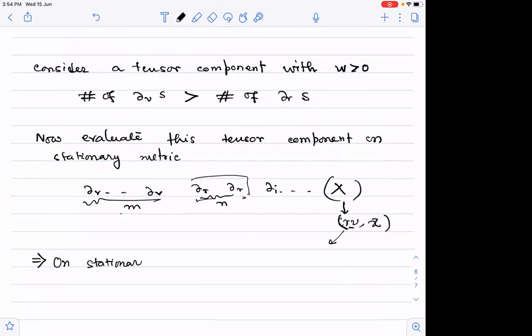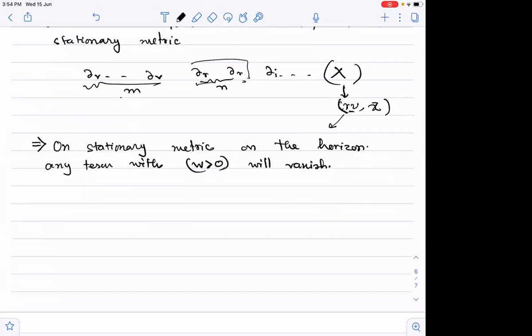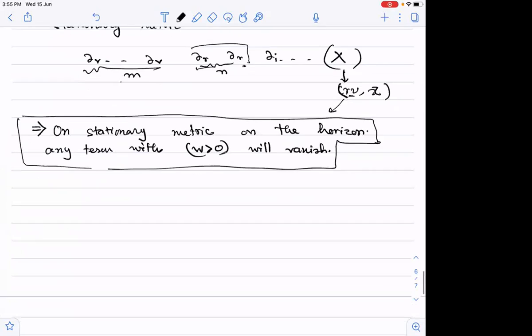So on a stationary metric, on the horizon, any component with W greater than 0 will vanish. Now, this is the thing that I'll use to prove the zeroth law. Nothing more is needed from here.